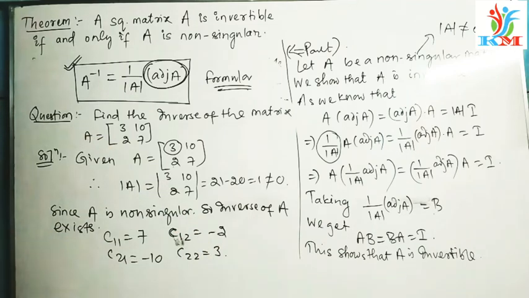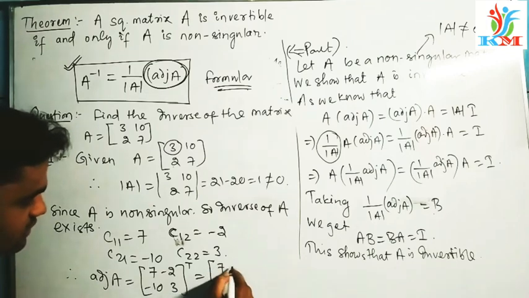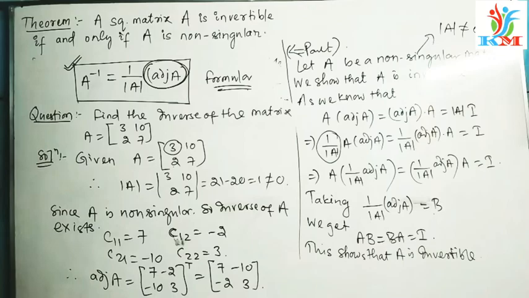Therefore, adjoint of A is equal to the transpose of the matrix 7, minus 2, minus 10, 3, which is equal to 7, minus 10, minus 2, 3.